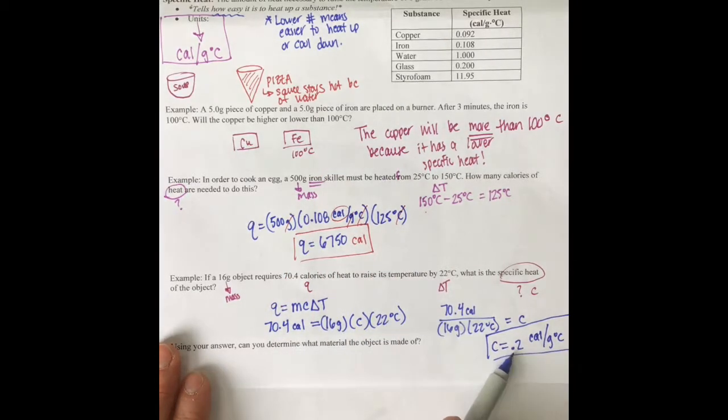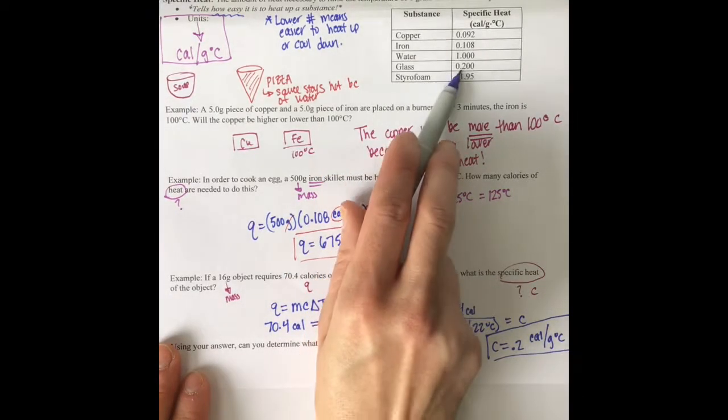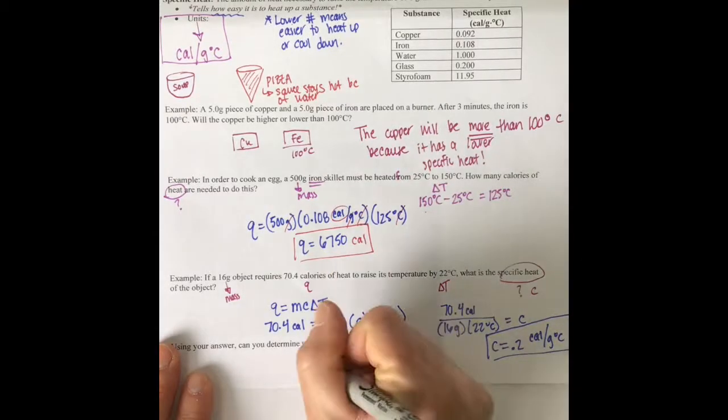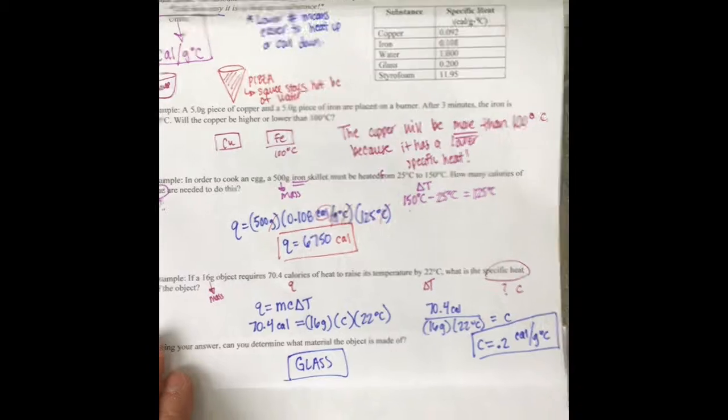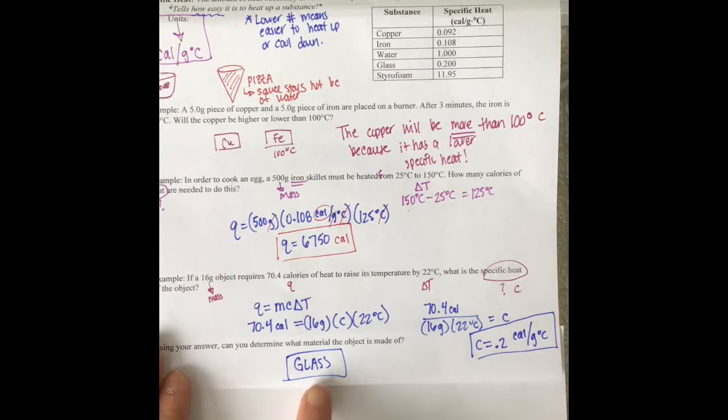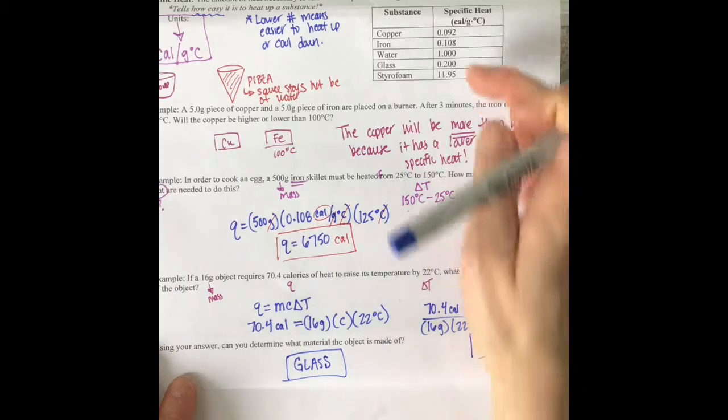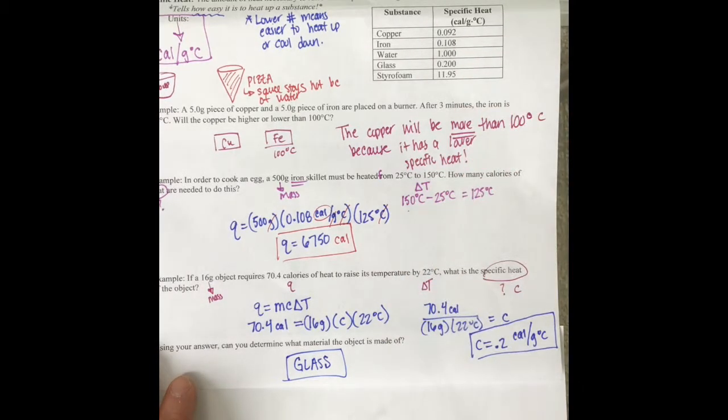And luckily, our 0.2 matches the specific heat value for glass. So it's kind of cool that you can work backwards and figure out what material you are working with. You'll be doing something very similar to this in lab, and hopefully you'll be able to get close to a known value and determine what you're working with.